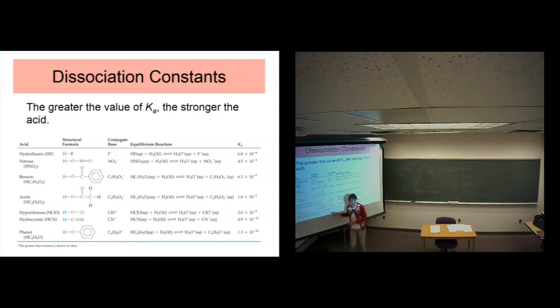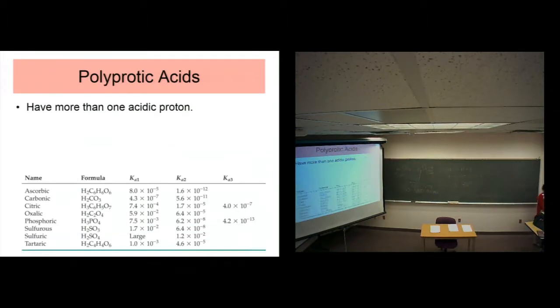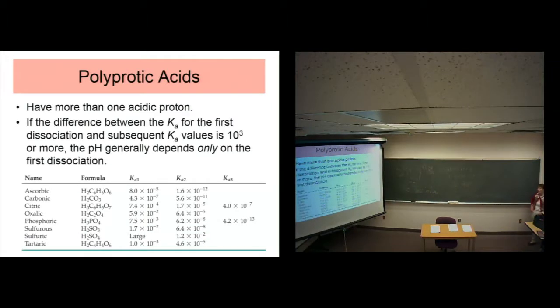We can have dynamic equilibrium with our weak acid, so we can write an equilibrium expression, and we understand Ka. So let's look at some Kas of polyprotic acids. Polyprotic acids have many hydrogen ions. Remember when we were talking about acid strength? Which one is the easiest to come off, the first one or the second one?